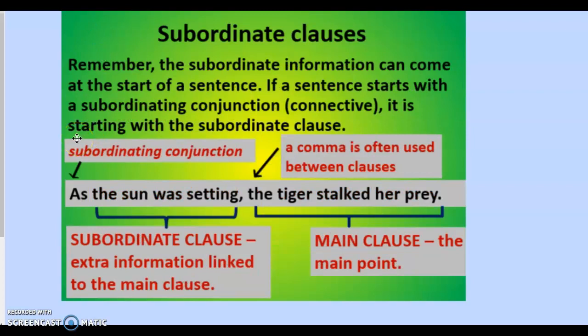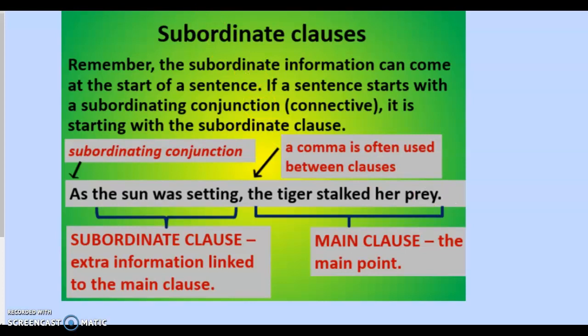So, the subordinating information can come at the start of a sentence. It doesn't always come after the main clause. Okay? If a sentence starts with a subordinating conjunction, it is starting with a subordinate clause. So if we look here, as is a subordinating conjunction. As the sun was setting, the tiger stalked her prey.